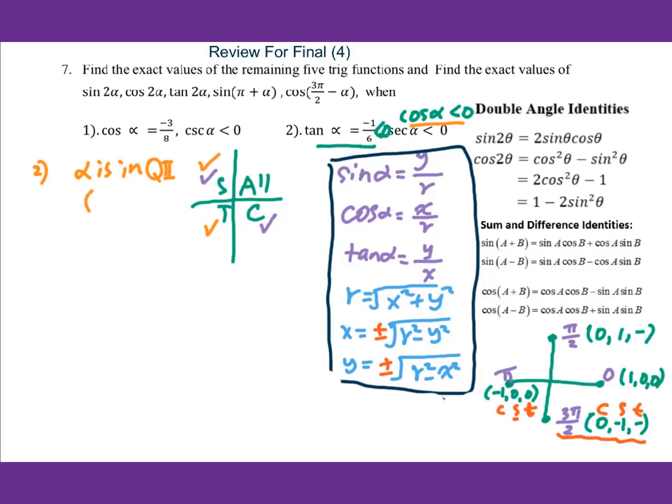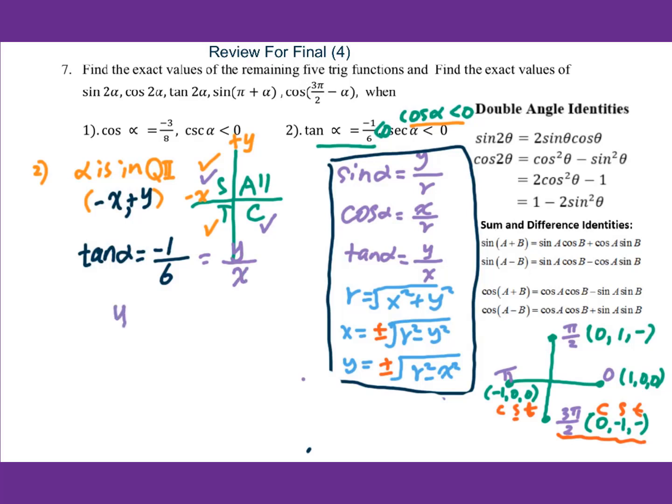In the second quadrant, y is positive, then negative x. So we write down negative x, positive y. Now we go to label for tangent alpha equals negative 1 over 6. We label it as y over x.